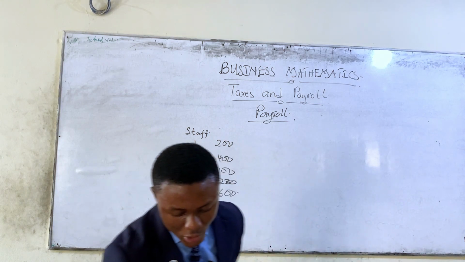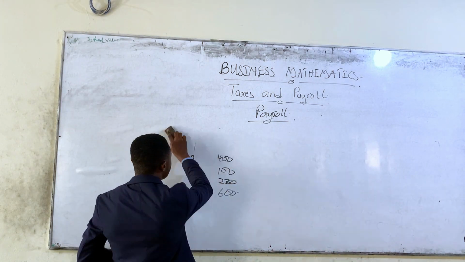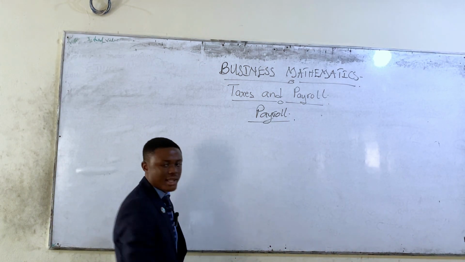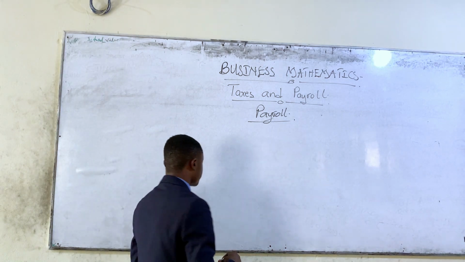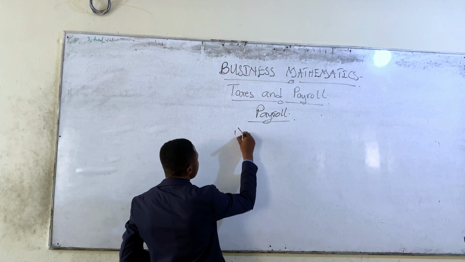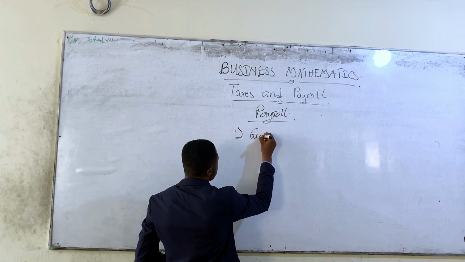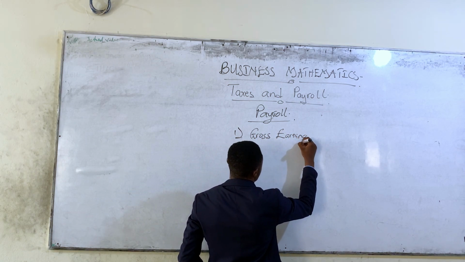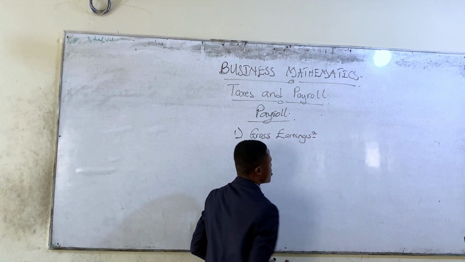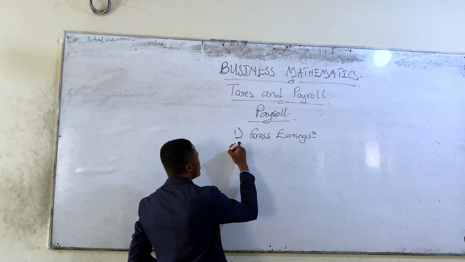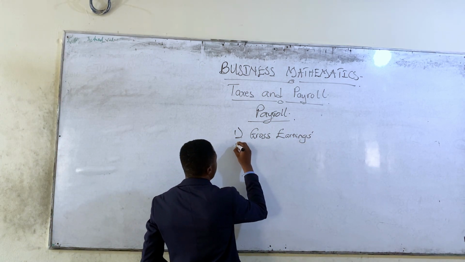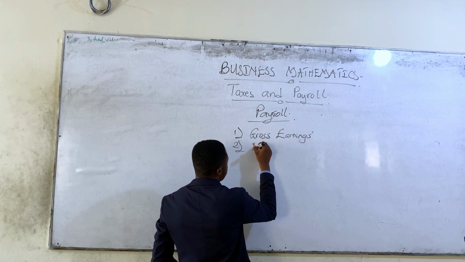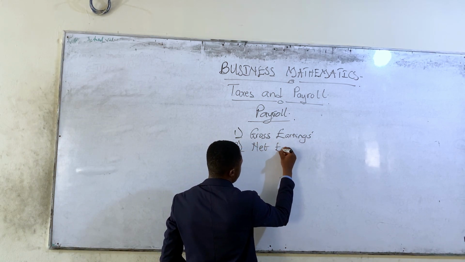So with payroll, you have to take note of these key things. First, you have to take note of gross earnings. Gross earnings. And then the second one, you have to take note of your net earnings.